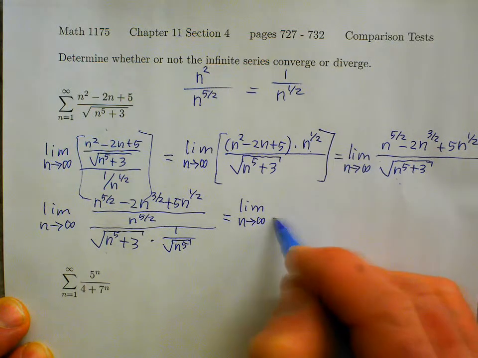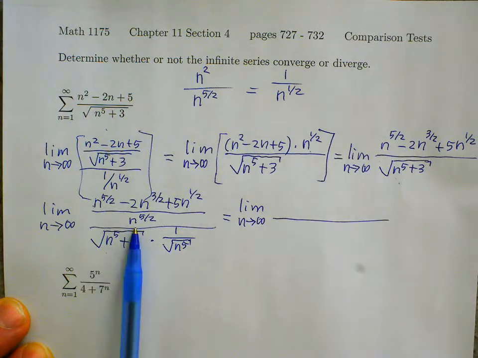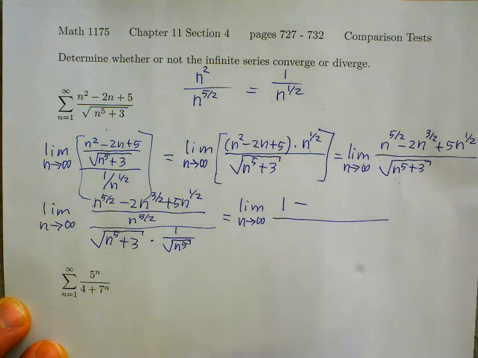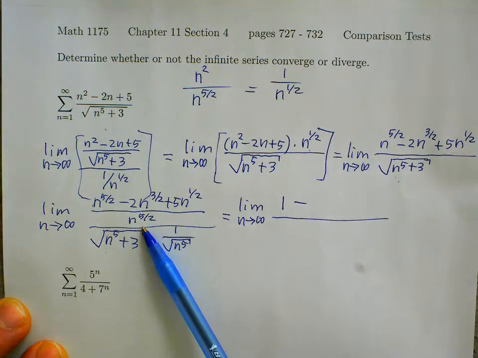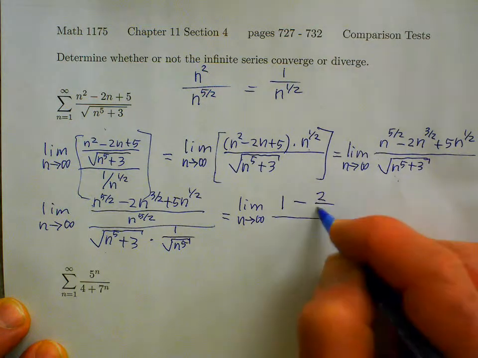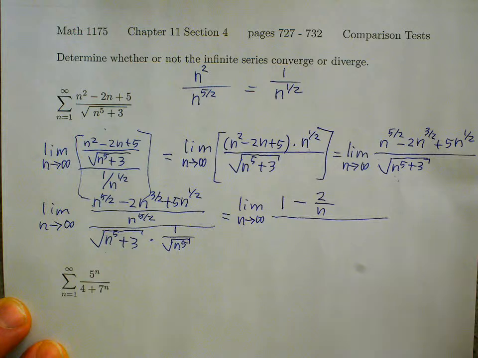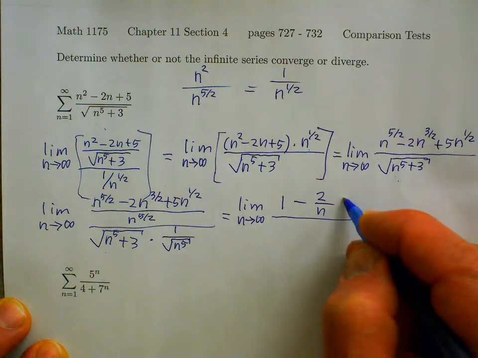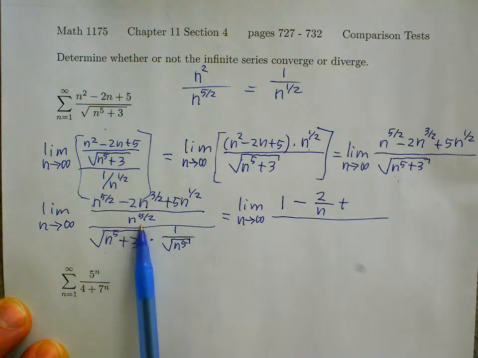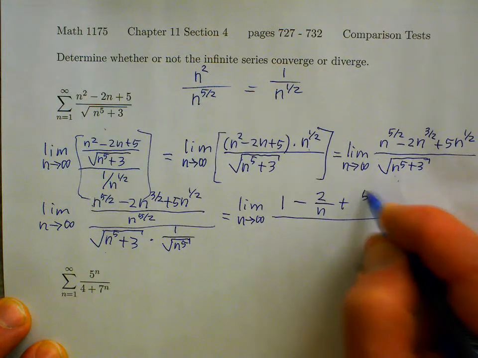Okay, in the numerator, n to the 5/2 divided by n to the 5/2 is 1. And then minus 2 times n to the 3/2 over n to the 5/2 is minus 2 over n. And then plus 5n to the 1/2 divided by n to the 5/2 is 5 over n squared.